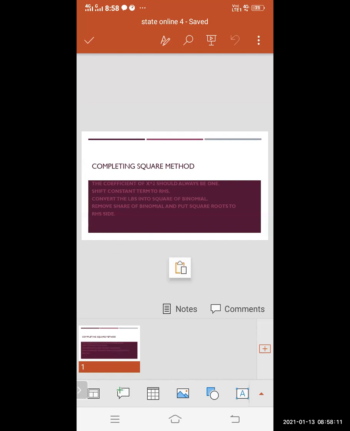Let's take one example based on it. Today's method is completing the square method.